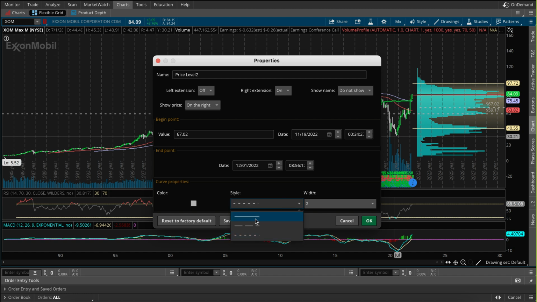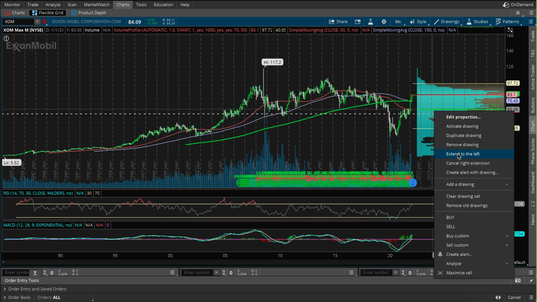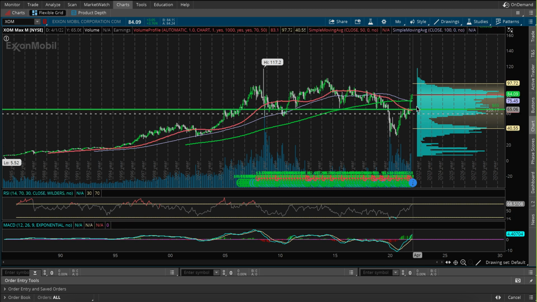So I'm going to pick an arbitrary number, like 65. Why not? All right, and then I'm going to extend this to the left. So let's say I bought a put at $65.